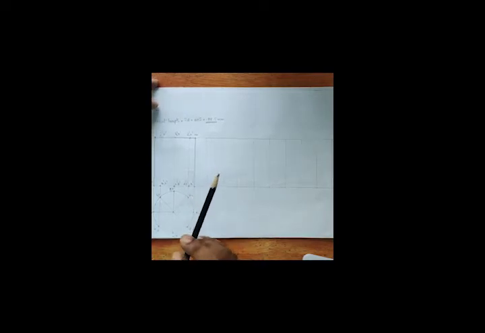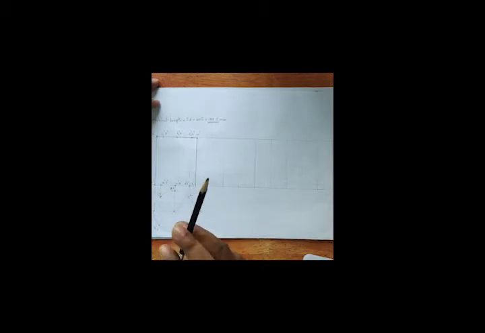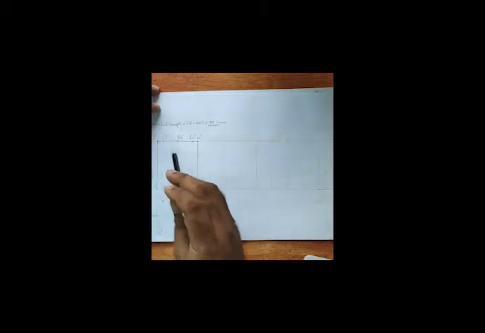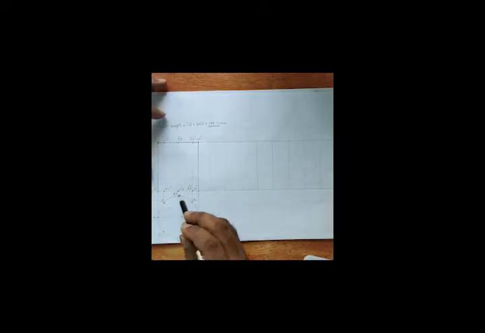A thread is attached to the base and the other end of the thread is attached to the top point, and you have to draw the shortest length possible for achieving this condition. First of all you have to draw the development of the cylinder.